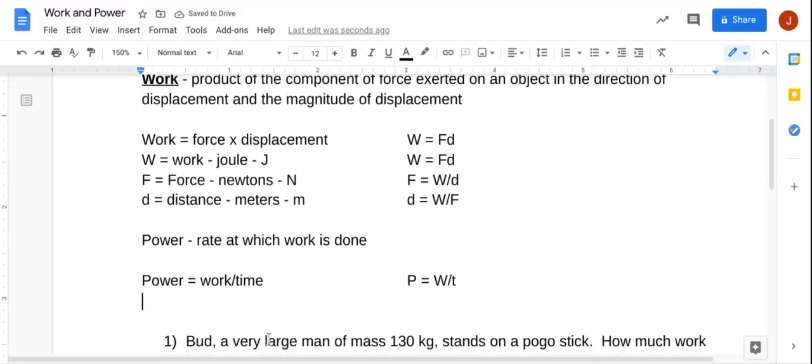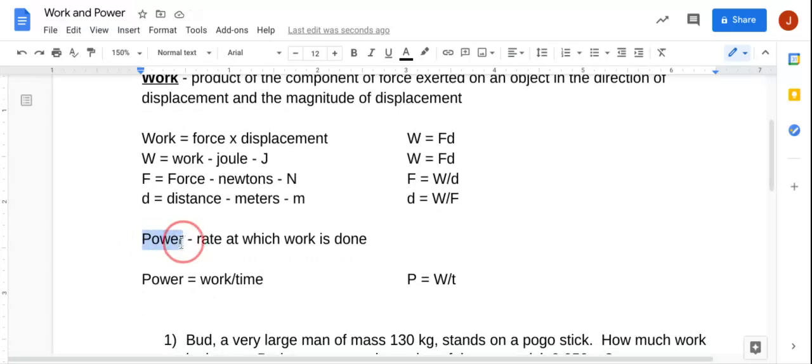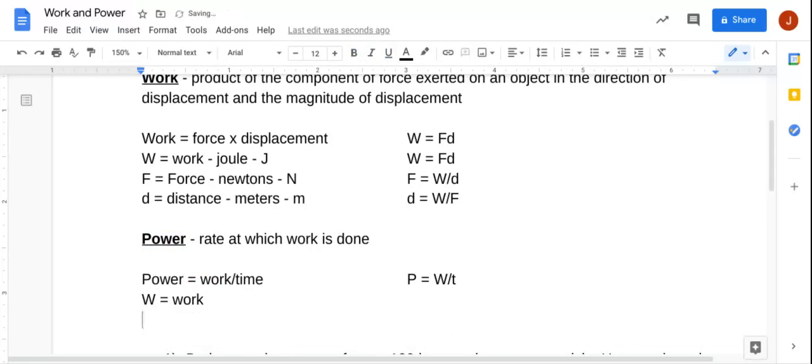Again, let's go over the units for our equation for power. W is work. P is for power.